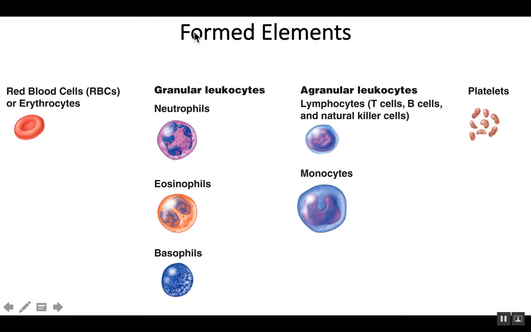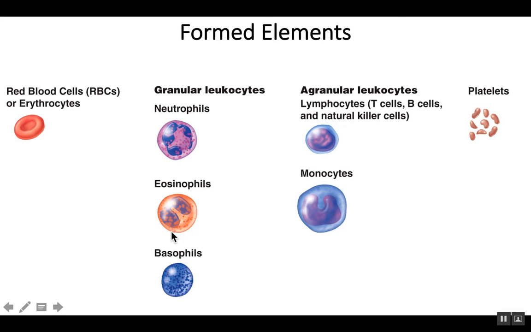The next category include the white blood cells, or the leukocytes. And leukocytes are often categorized as either granular leukocytes or agranular leukocytes. Granular refers to the granules or the vesicles that you can see inside the cells when stained and viewed under the microscope.